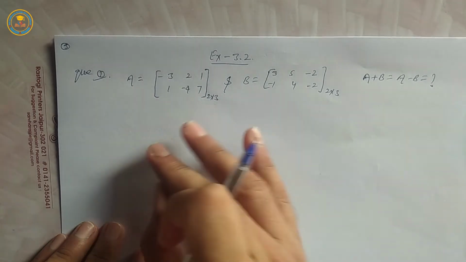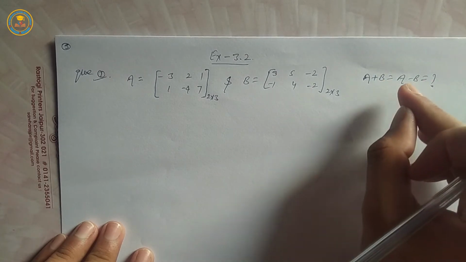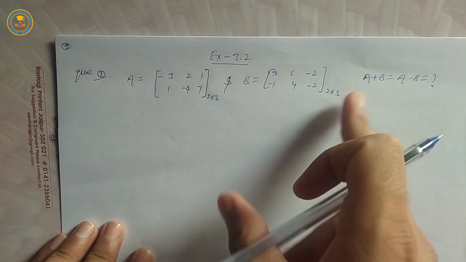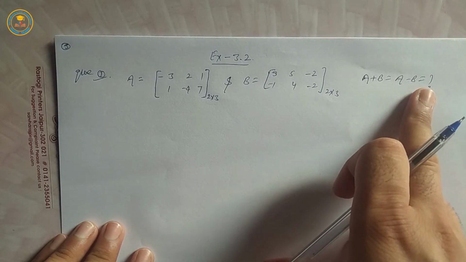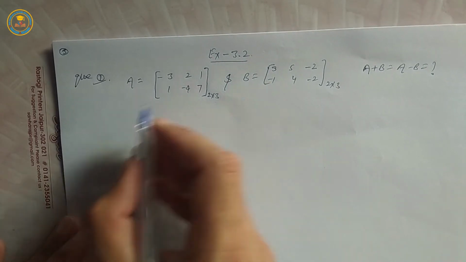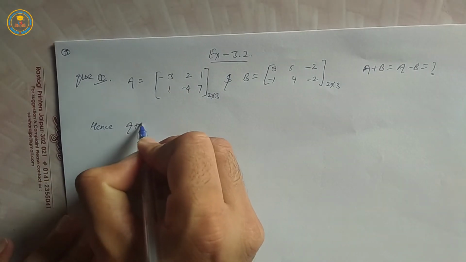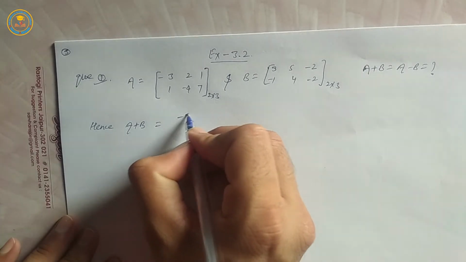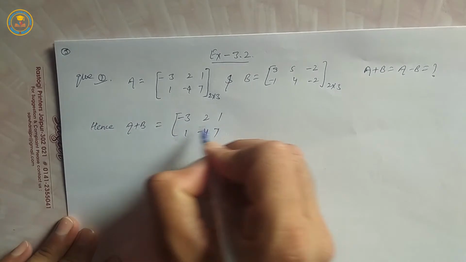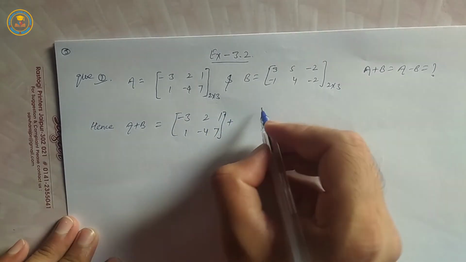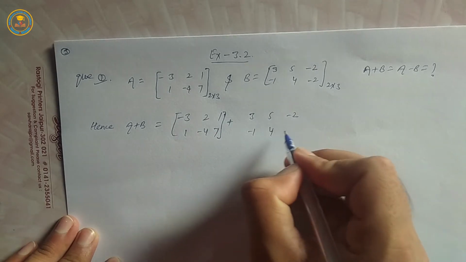So A plus B and A minus B are possible. Otherwise, A plus B and A minus B are not possible. Hence A plus B is equal to -3 2 1 1 -4 7 plus 3 5 -2 -1 4 -2.